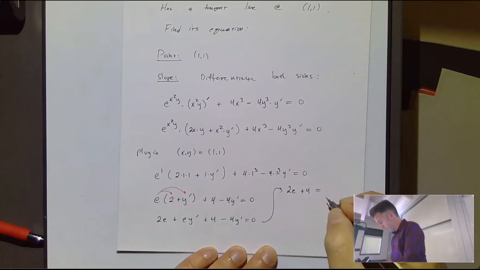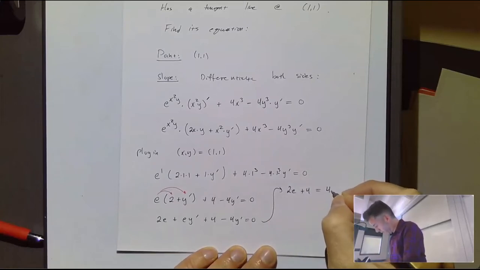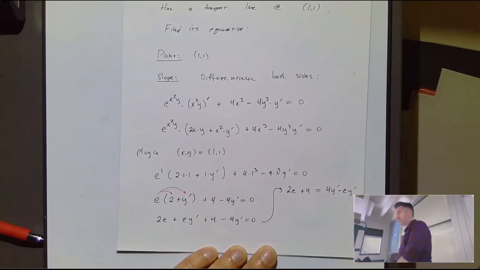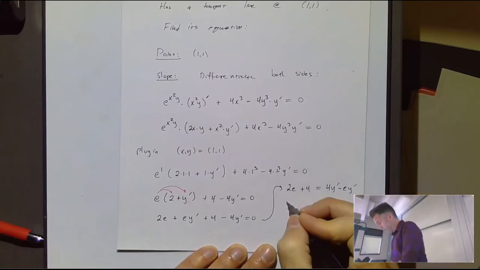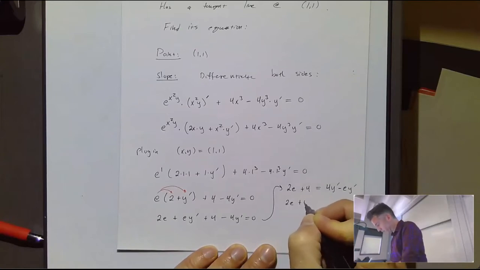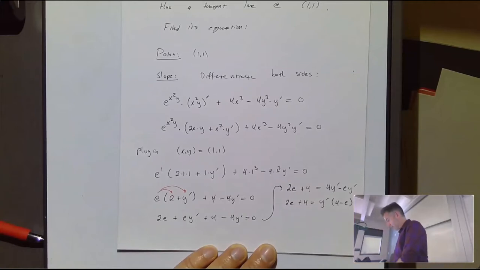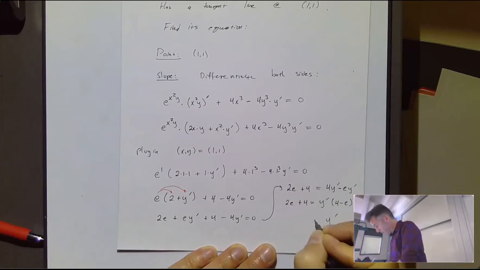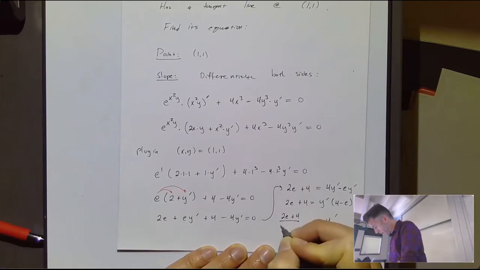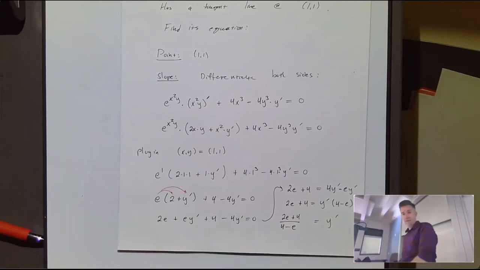On the right, I'm going to have positive 4y prime minus e times y prime. I'm going to factor out the y prime. So I'm left with y prime times 4 minus e. And finally, I'm going to divide by 4 minus e. You get y prime equal to 2e plus 4 divided by 4 minus e. That's my slope.